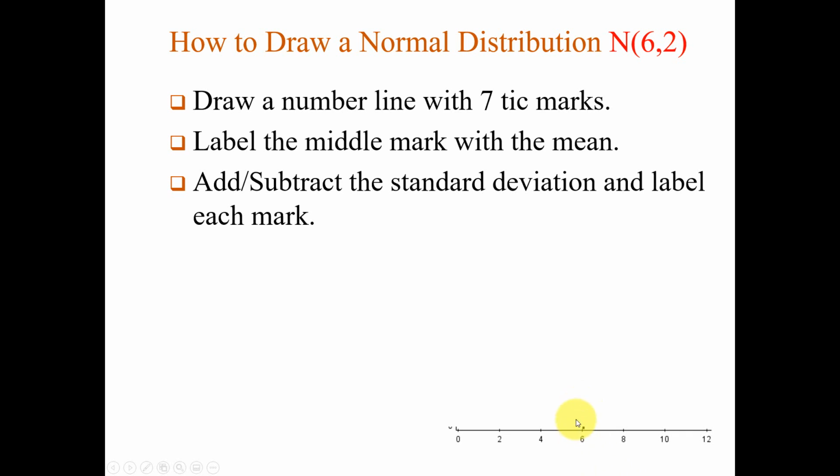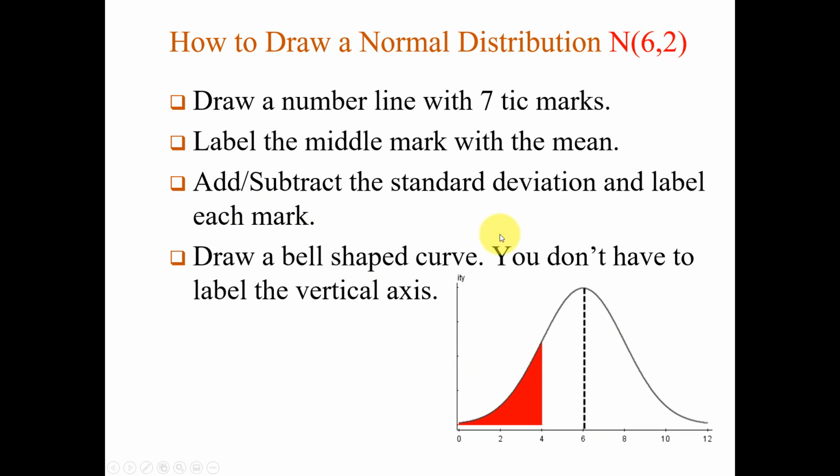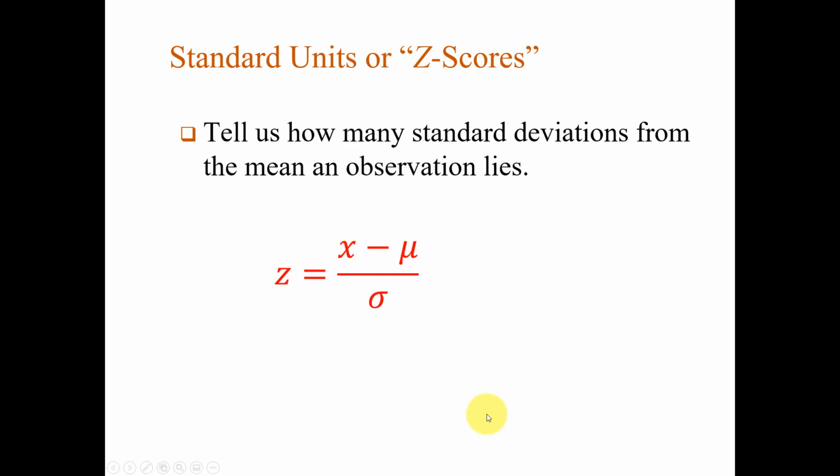So here's the mean. Add and subtract the standard deviation, label each mark, draw a bell curve, and you don't have to label the vertical axis. And if we wanted to find the probability of x less than 4, we shade underneath to the left of it because it's less than 4 on this normal curve.